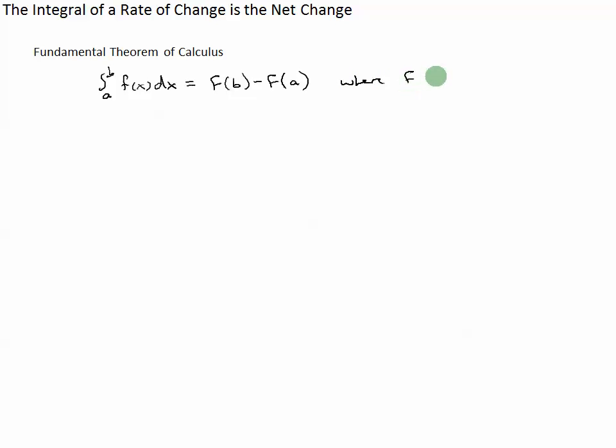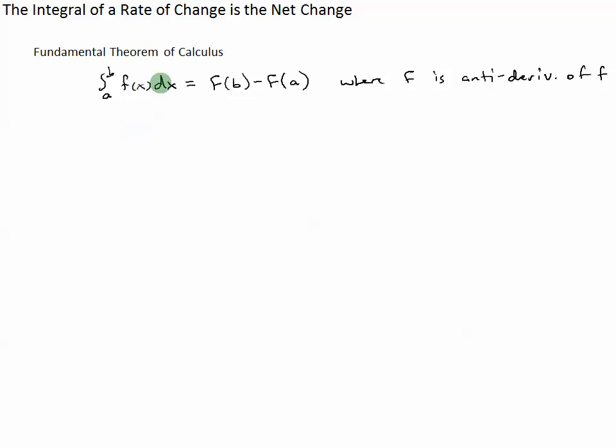Alright, before we try to understand that the integral of a rate of change is the net change, let me remind you of the fundamental theorem of calculus. Given proper conditions, the integral from a to b of little f of x dx equals big F of b minus big F of a, and of course big F is the antiderivative of little f.